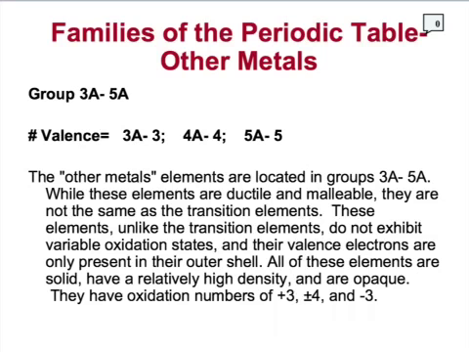While these elements are ductile and malleable, they are not the same as the transition elements. These elements, unlike the transition elements, do not exhibit variable oxidation states, and their valence electrons are only present in their outer shell. All of these elements are solid, have a relatively high density, and are opaque. They have oxidation numbers of +3, ±4, and -3.